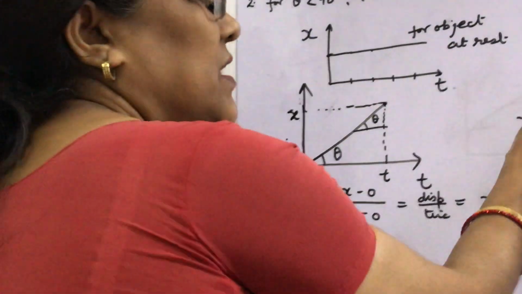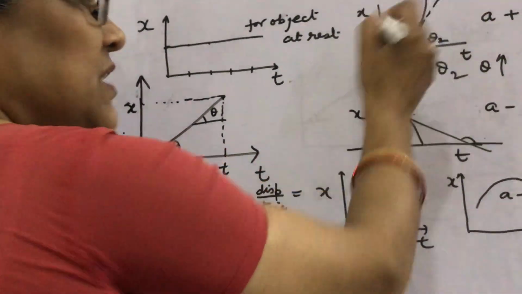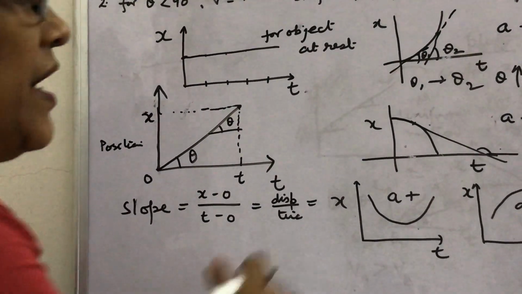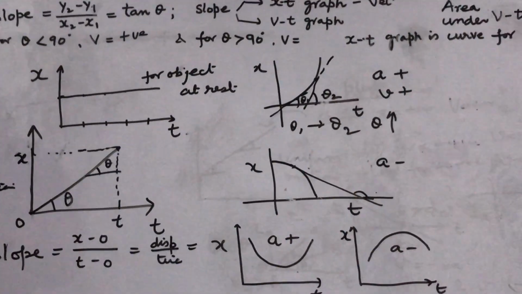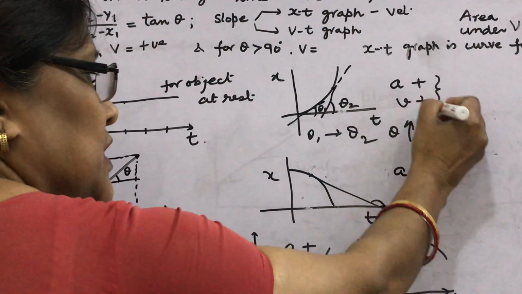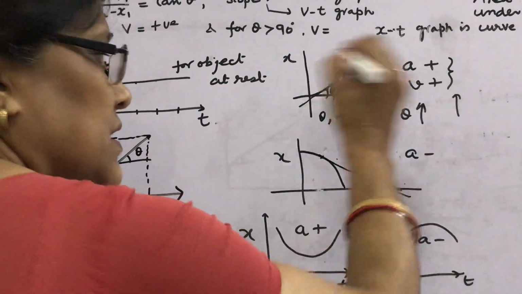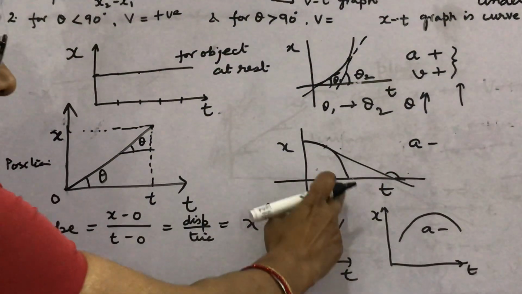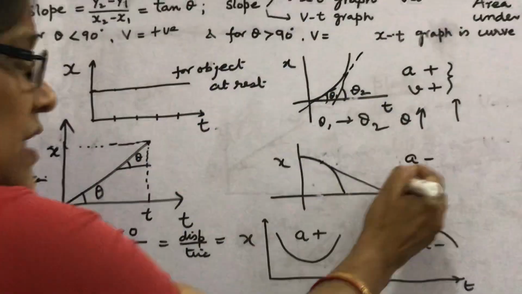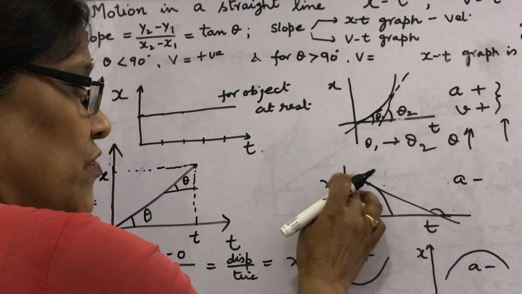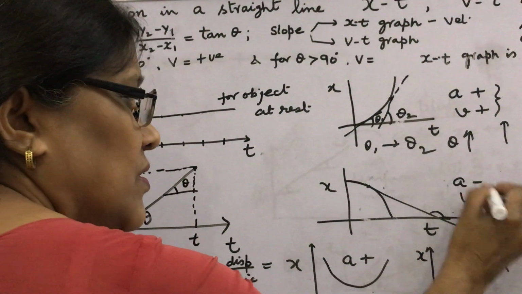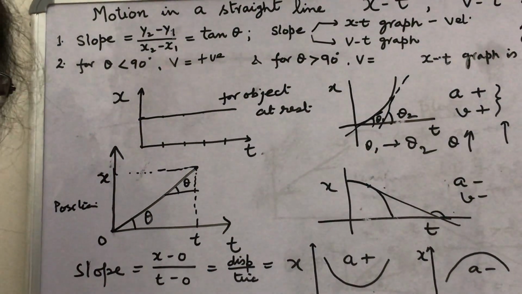Look here, this acceleration is positive and this velocity is increasing, that is positive. Then what happens here? The speed is also increasing. What about this graph? Acceleration is negative, look here, and velocity is negative. Then what will you say?